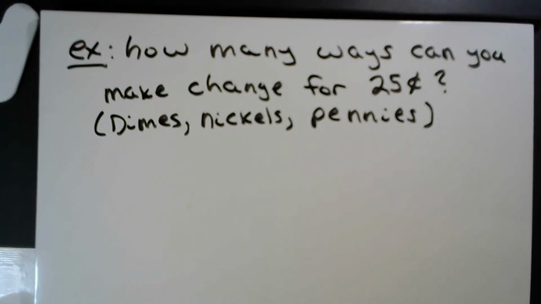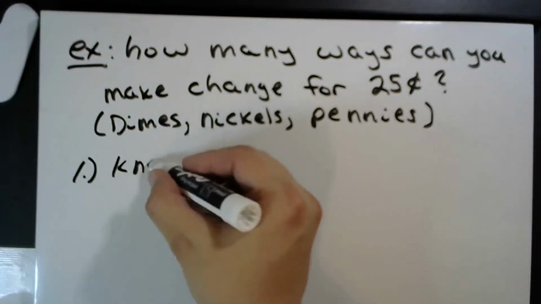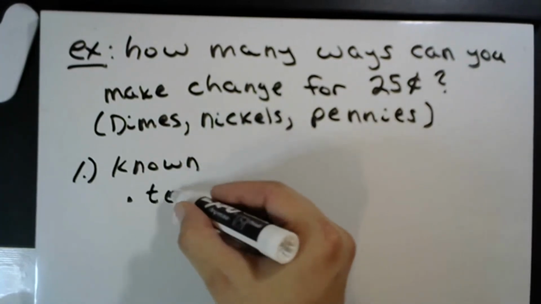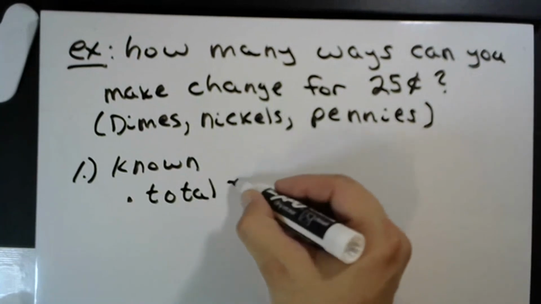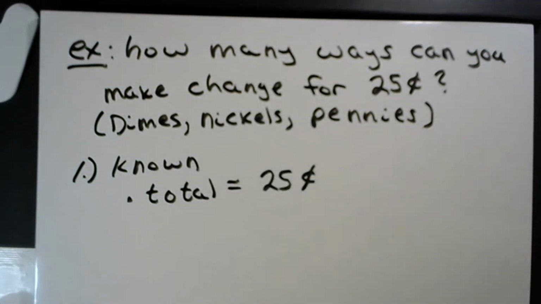Now, again, we can think of this in terms of knowns and unknowns. And so what do we know? Well, we do know the total for any combination of these coins is going to be 25 cents.